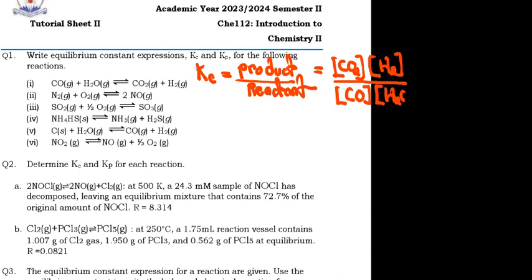This is how you write it, and then you are done, and that's how it works. So for Kc, this is what it means: you've got the products, then you divide by the reactants, and then you work it out.